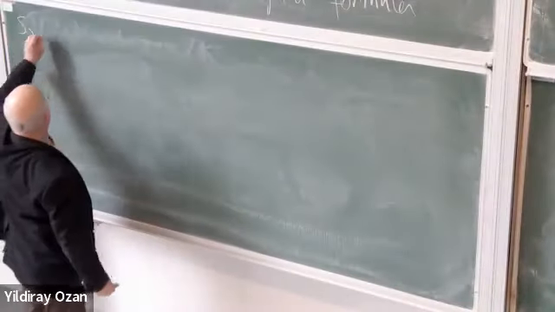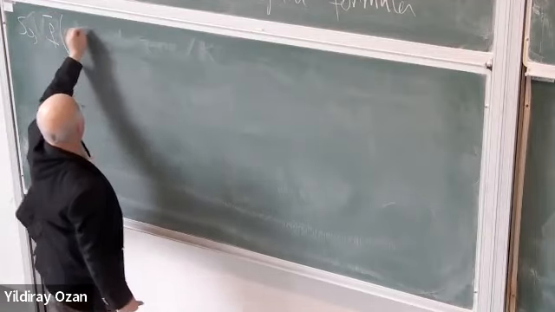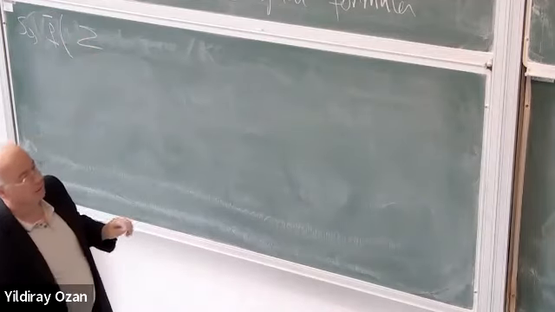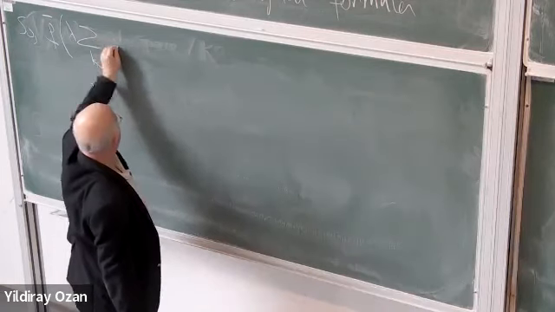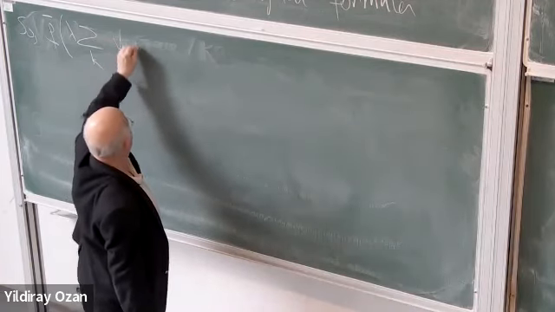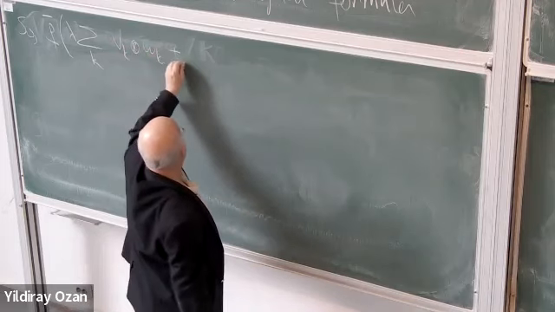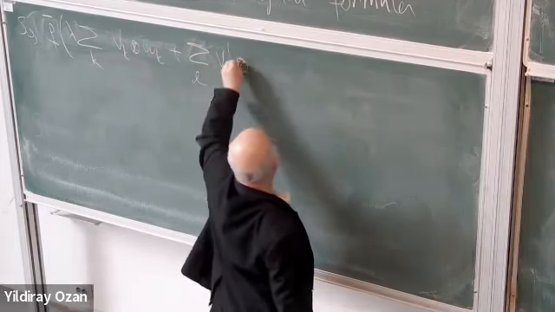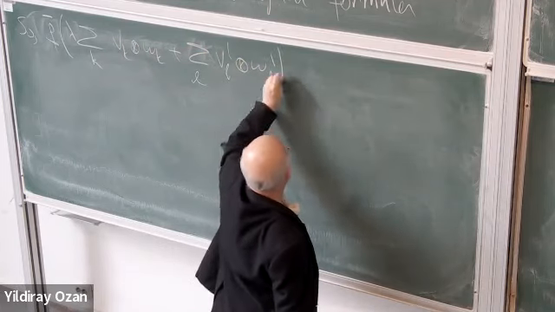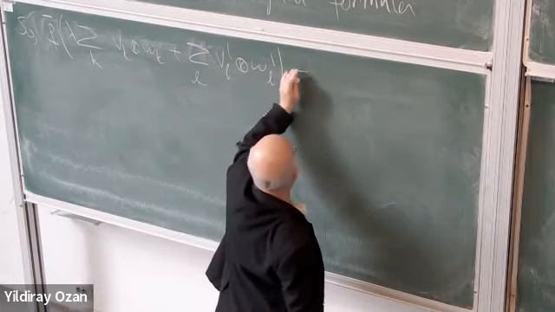So, f bar of this digit, lambda k, v k, w k plus l v l prime w l prime is equal to.